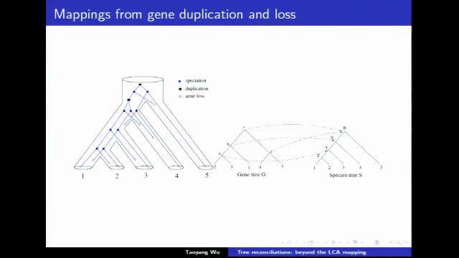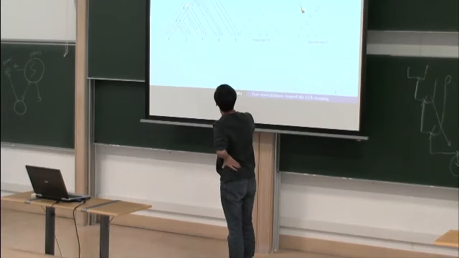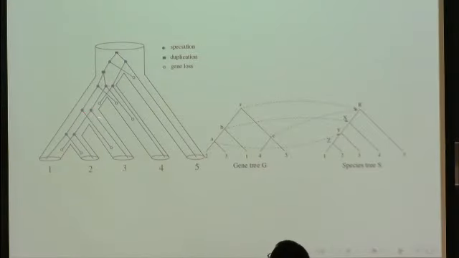Similarly, we can also get a gene tree from here. This is all the genes that survive in each species. And now this A here, for 2, 3, is a speciation. We can map this also to the vertex where this event happened.